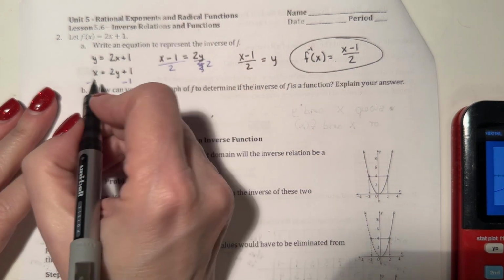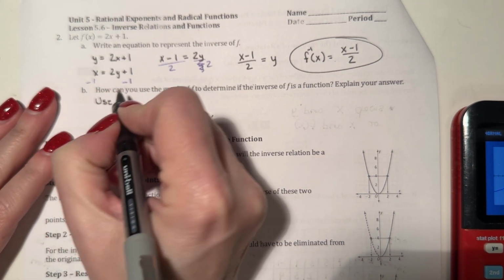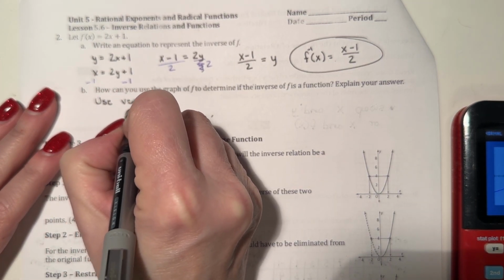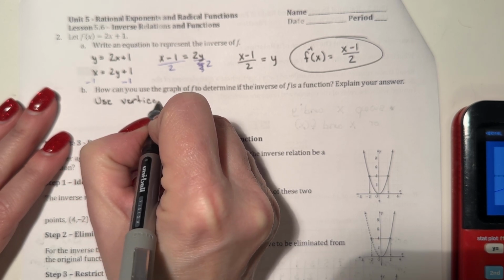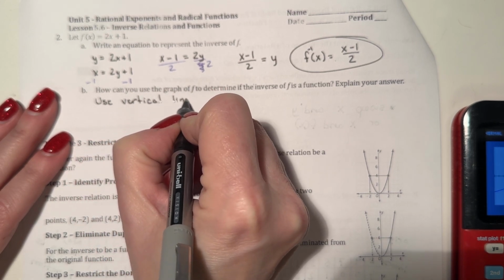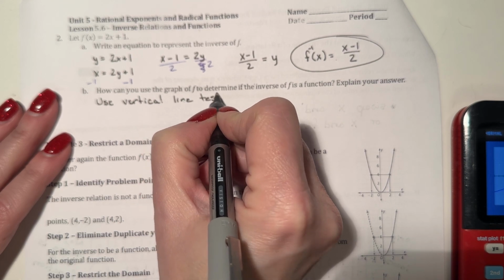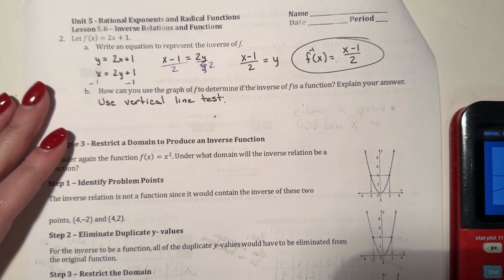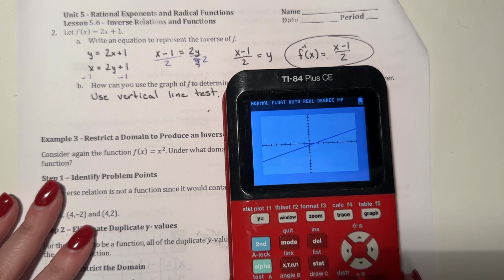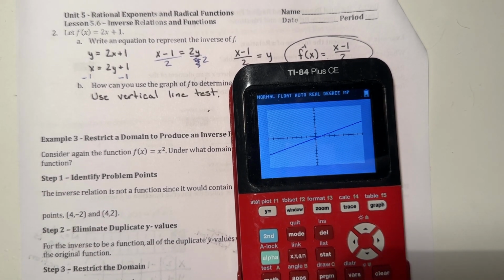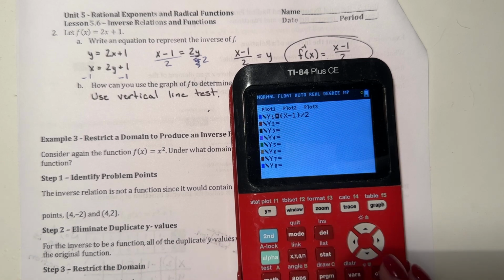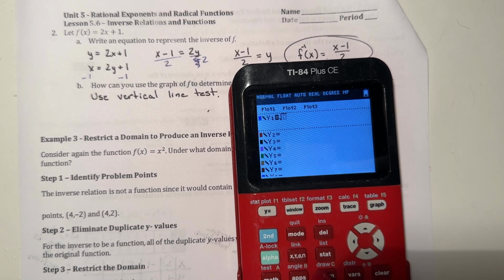So I'm going to say use the vertical line test. That's how I determine it. What the vertical line test looks for is whether each x value is unique and only has the y value that it's paired up with. It's not going to fail that test. Now you may be saying to yourself, well, what does it look like when it fails? Here's what it looks like.